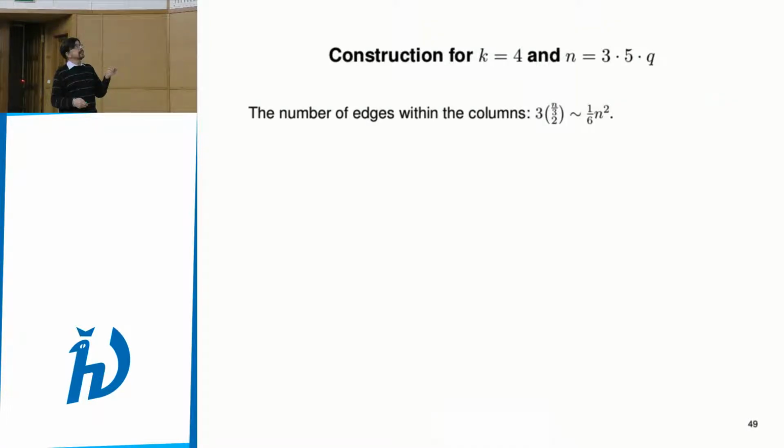So n over 3, choose 2, and we have 3 such classes. So this will be about 1 over 6 times n squared. And the number of other edges will be, it's easy to see that this will be 1/3 of n squared.